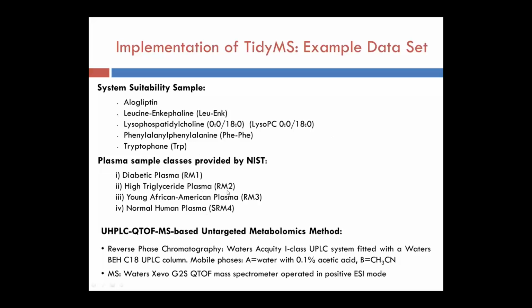These samples were analyzed by means of a UHPLC-QTOF-MS-based untargeted metabolomics method, using a reverse phase chromatographic method, using a UPLC system fitted with a C18 column and coupled with a Waters Xevo G2-S QTOF mass spectrometer operated in positive ESI mode.